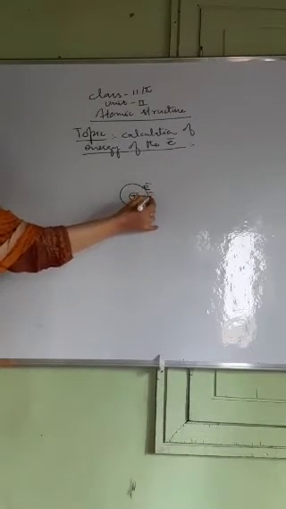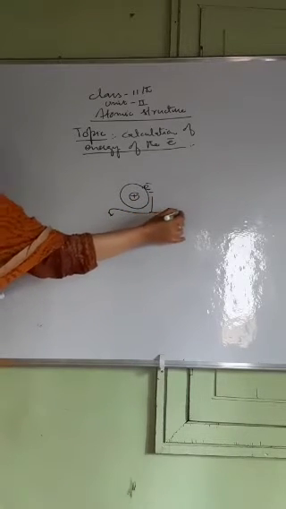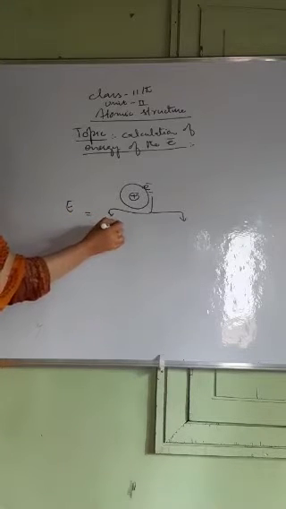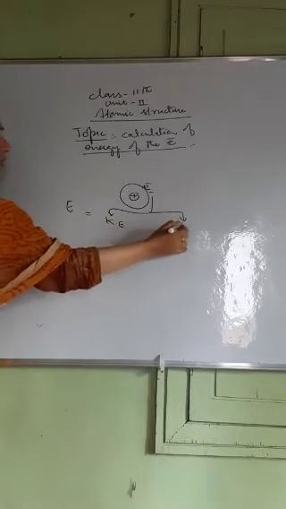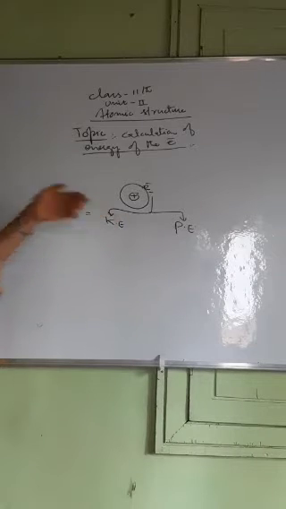The total energy of this electron is equal to the sum of the kinetic energy plus potential energy. Kinetic energy of the electron is because of its motion around the nucleus.